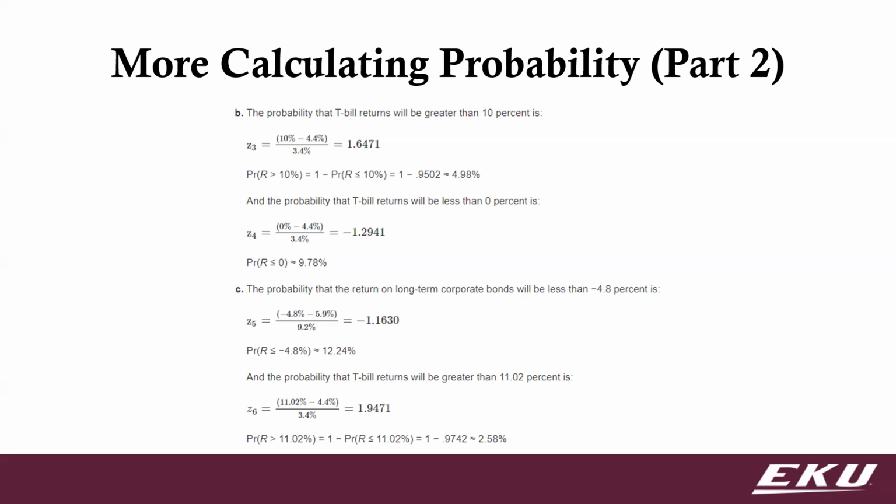The T-bills, as you see, because that standard deviation is so much smaller, to get those same numbers of 10 and 0%, it requires more of those, right? So it's less likely to occur. And then if we calculate the probability for the return to be that unusual, we get 12% and then 2.58% because those were rather unusual, but not impossible, right?